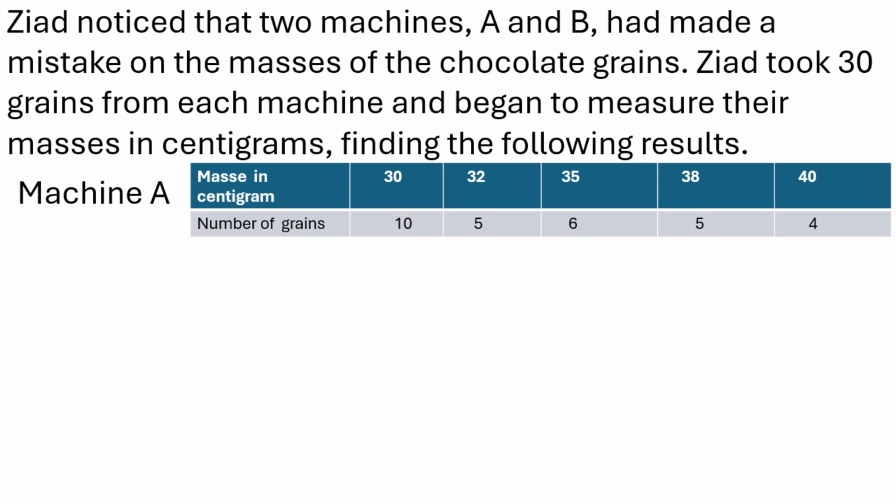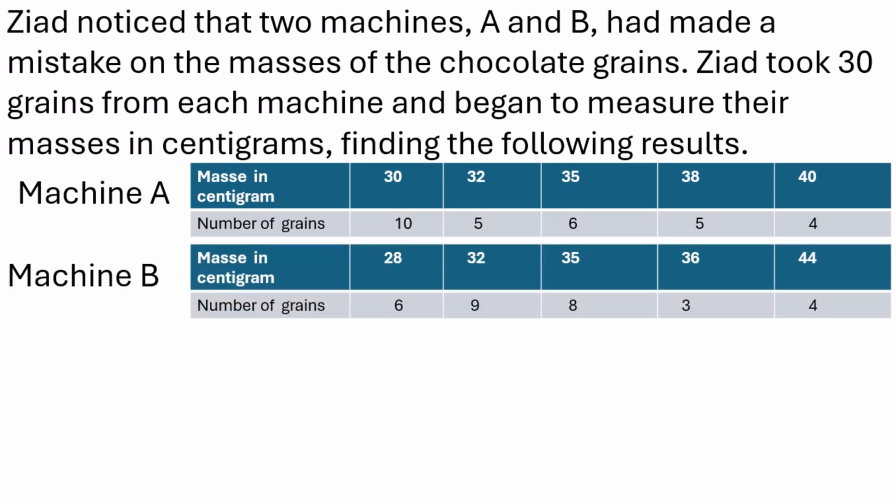Machine A, machine B. So we have 10 grains of mass 30 centigrams, 5 of mass 32 and so on. In machine B, the same. Which machine is better than the other?